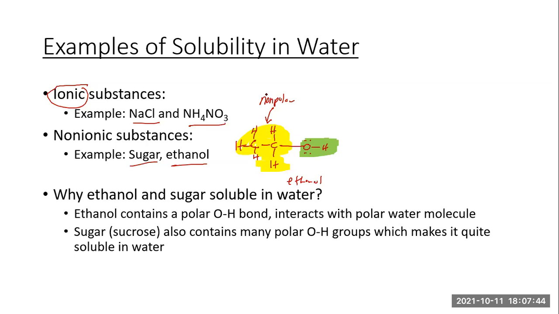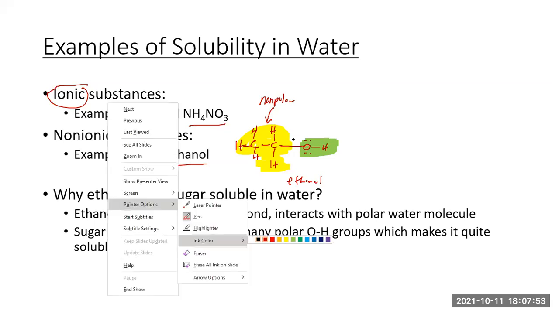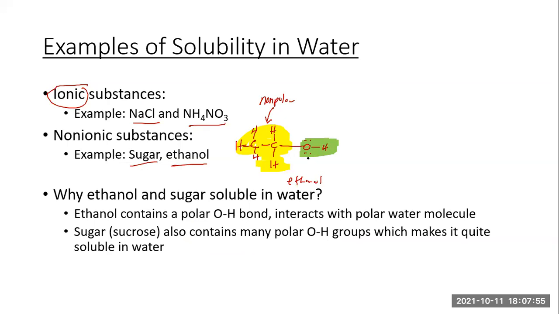But the one thing that something like ethanol does have is what's in the green part there. In the green part, there is this OH bond. And again, if you think about bonding like we talked about, this OH bond is a polar bond. So it has this little polar bond where the oxygen is more negative, hydrogen is more positive. And it's actually that little piece of something like ethanol that allows it to interact really well with water.